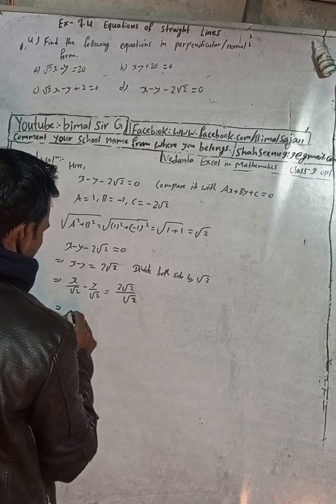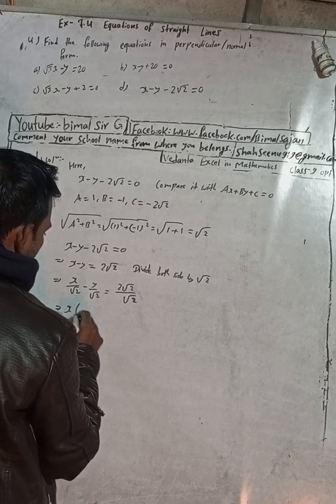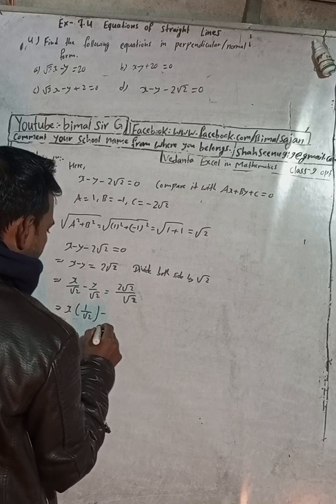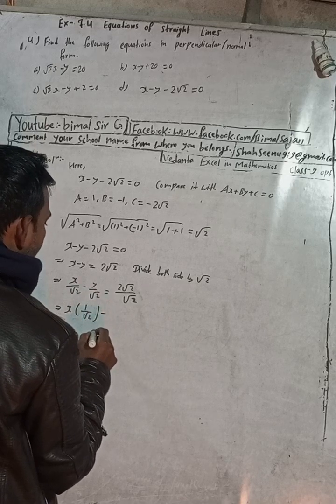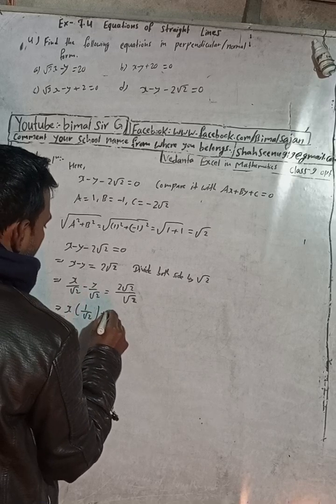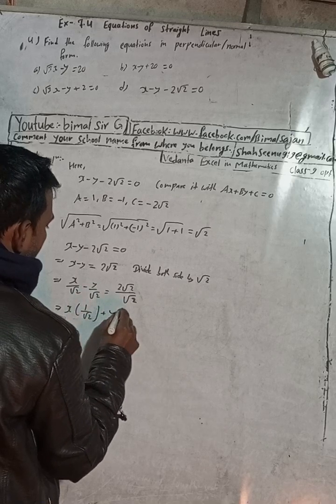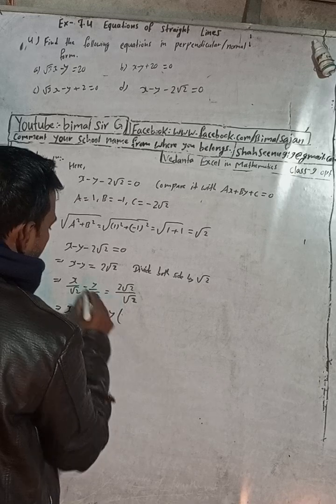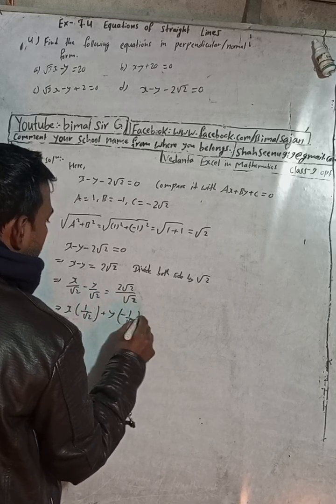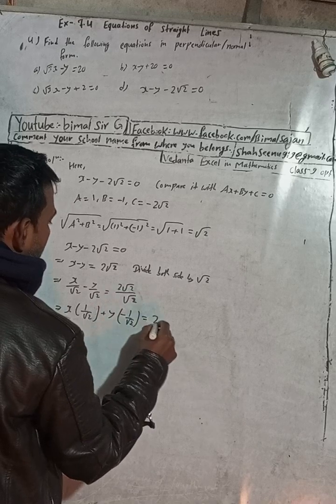Now this can be written as x into 1 by root 2, and y into, there is minus, so minus 1 by root 2, and is equal to, root 2 root 2 cancel, 2 is remaining here.